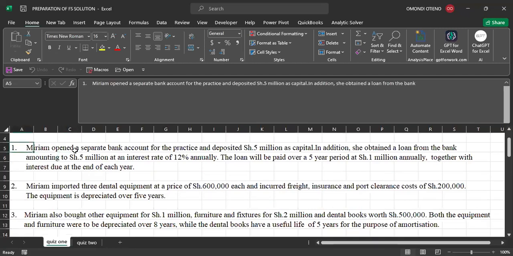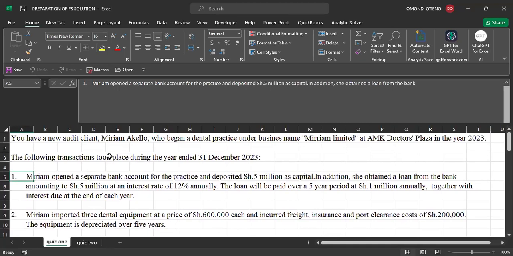Under additional information number one, you are being told that Miriam opened a separate bank account for the practice and deposited 5 million as capital. In addition, she obtained a loan from the bank amounting to 5 million at an interest rate of 12% annually.